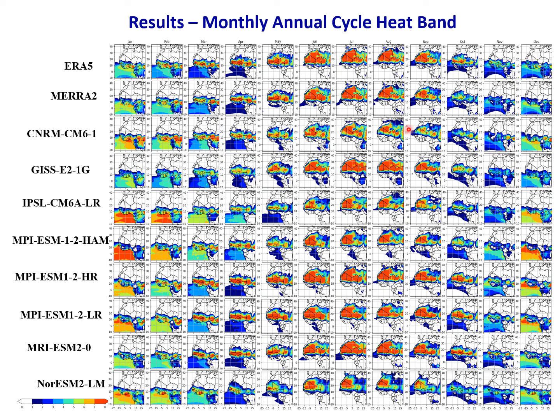Models such as this one are simulating weaker heat bands, and then models such as GCMs, MPI high resolution, MPI low resolution, MERI models are simulating stronger heat bands.